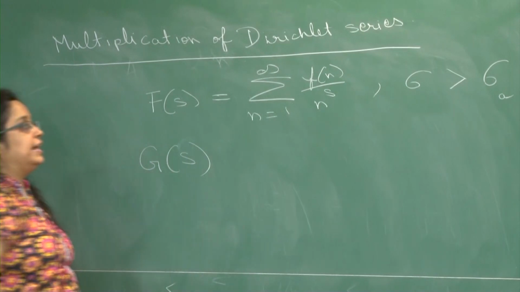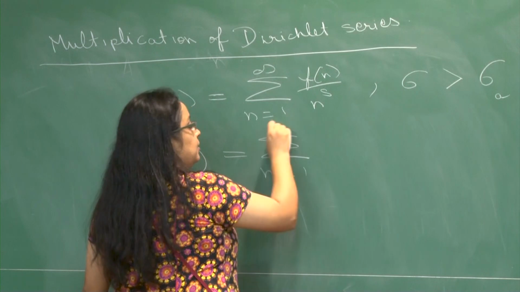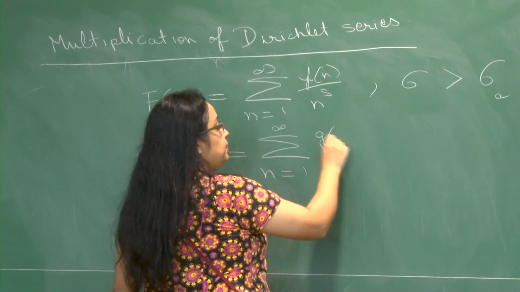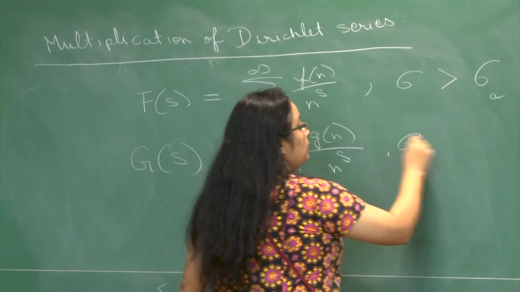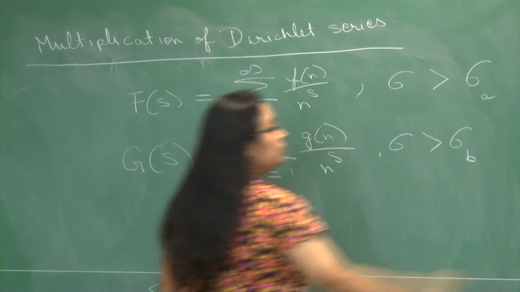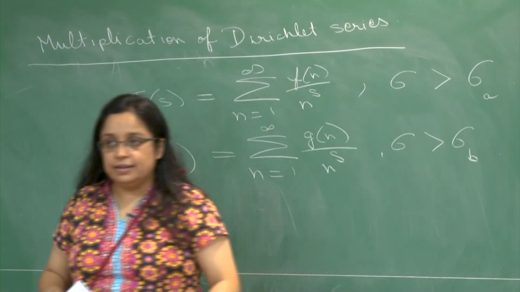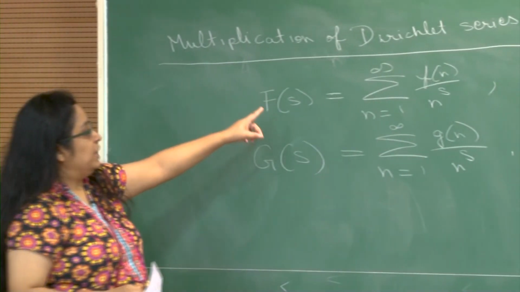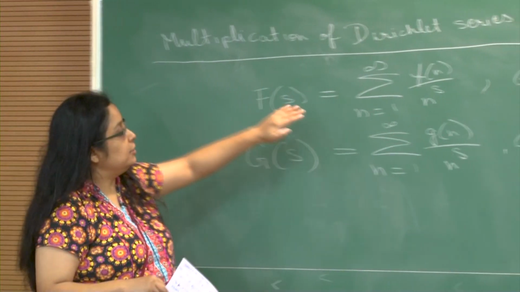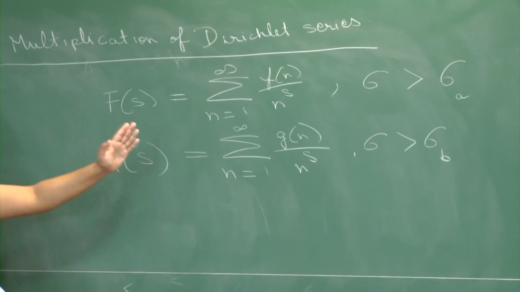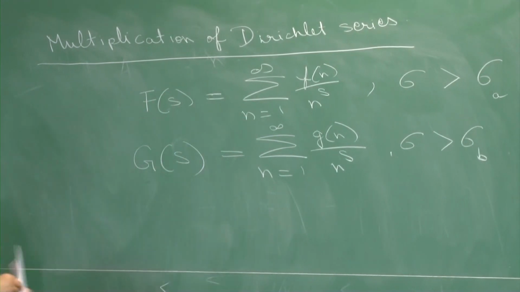Let us take G of s to be another Dirichlet series. What that means is that if you take the maximum of sigma A and sigma B, then both F and G would absolutely converge when sigma is greater than the maximum of sigma A comma sigma B.